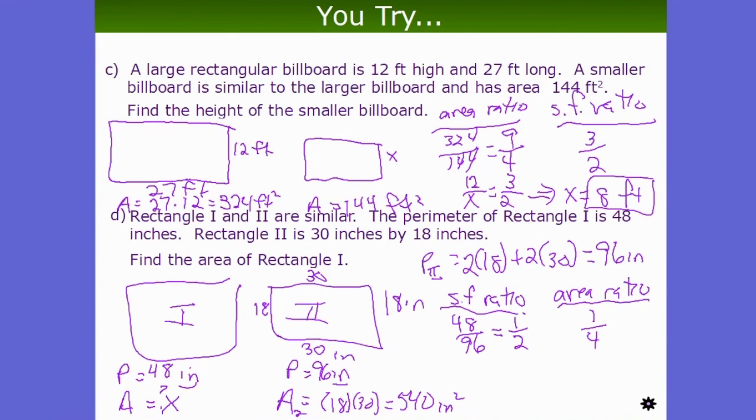So I'll call this one x. So x over 540 will be in the area ratio of 1 to 4. So we can figure that out. 4x equals 540. That's just the cross product. So x would be 135 square inches.